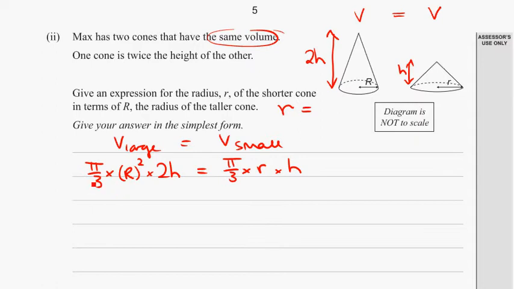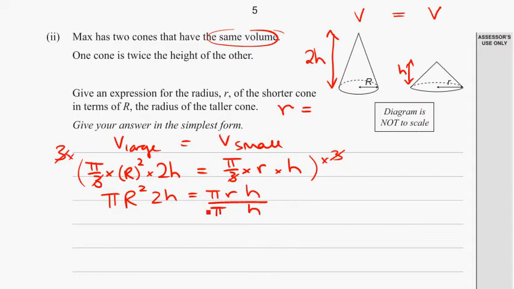Right, once again, perhaps multiplying by 3 both sides will eliminate the fraction. We want little r equals, so we'll divide by the pi and the h, which means r equals, now on this side we're going to have a 2R squared, and that's all.